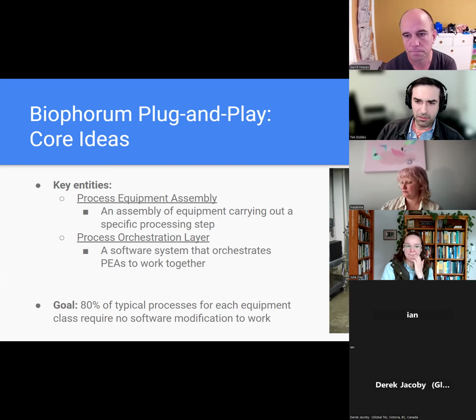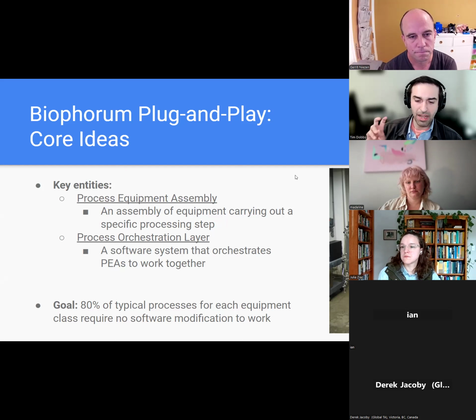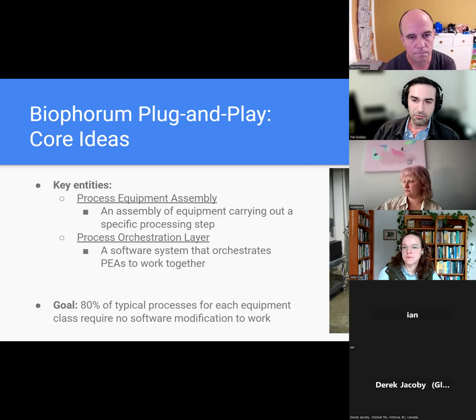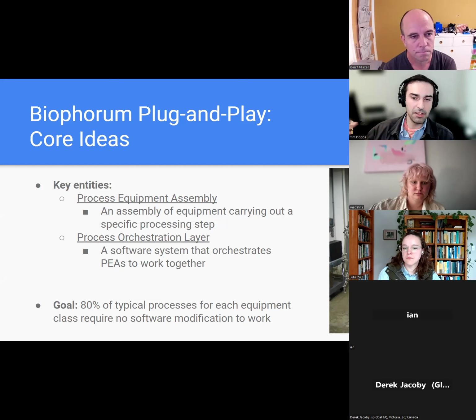But to put something more concrete to it, this is a bioreactor on the right. And you can see here that, sure, there's a tank, that's the bioreactor, but we also have a control unit, a scale down here, and there's a condenser. So there's various parts, and all that together is the thing that does the fermentation. And so we call all of this together the PEA.